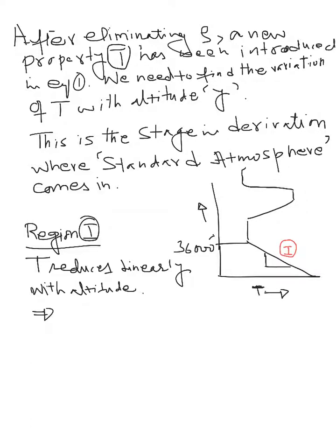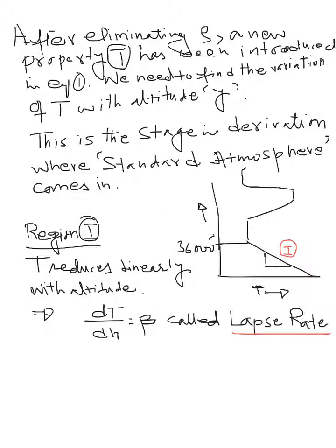Since temperature varies linearly, we can easily determine the slope and write it like that for this region number 1, and I am calling this constant beta, which is called the lapse rate.